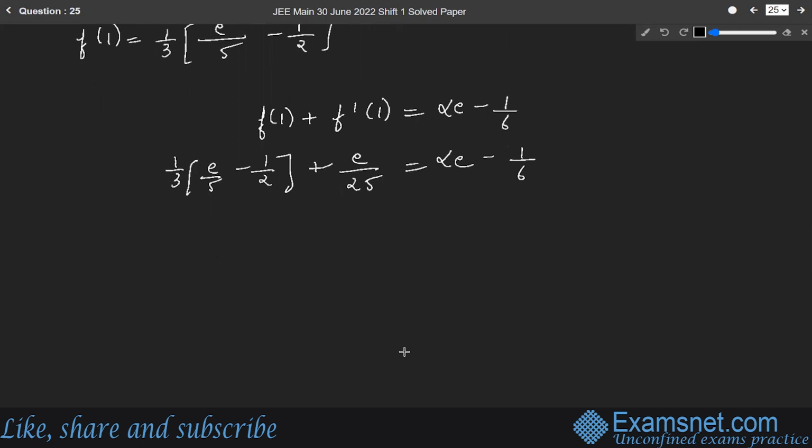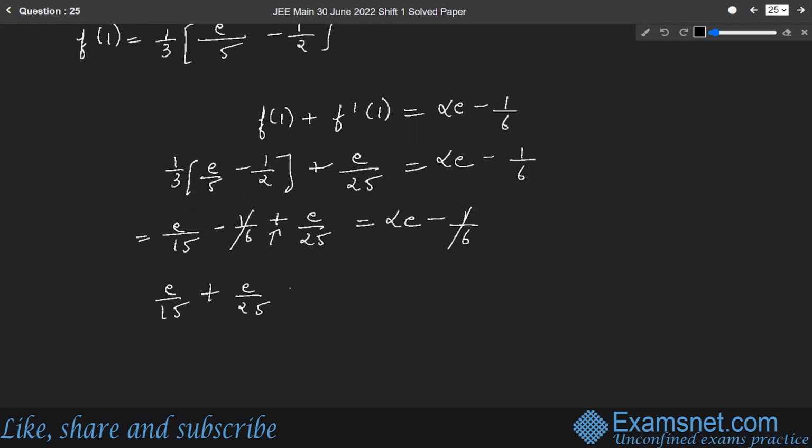Now we just have to simplify these values, right? So let us multiply it. 1 by 3 into e by 5 is e by 3 into 5, that is 15, minus 1 by 3 into 1 by 2, that is 1 by 6, plus e by 25, is equal to alpha into e minus 1 by 6, right? Now this minus 1 by 6 and minus 1 by 6 will be cancelled. So we have e by 15 plus e by 25.